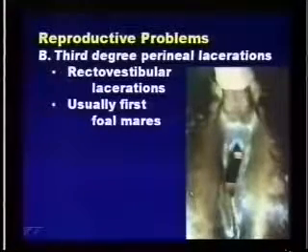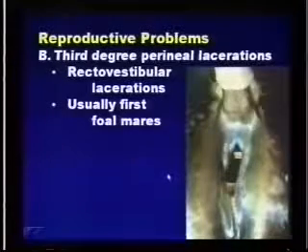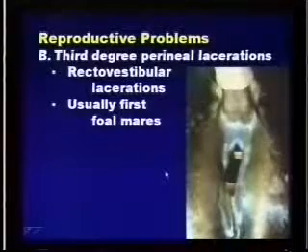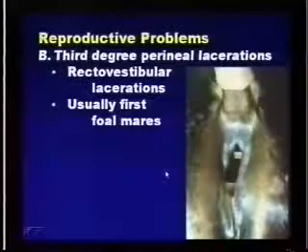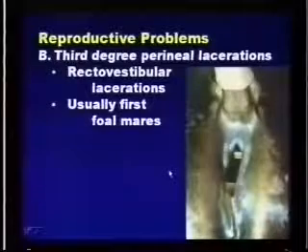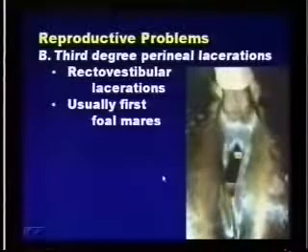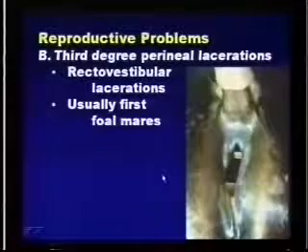So once this is all dissected out, these horses will usually heal up without any problem. Okay, one of the common surgical problems that we see associated with the reproductive tract of the mare are third-degree perineal lacerations, also referred to as rectovestibular lacerations. These are usually seen in mares during first foaling.